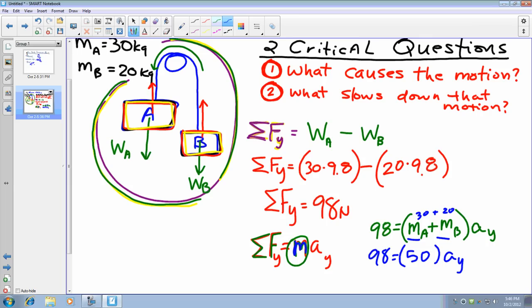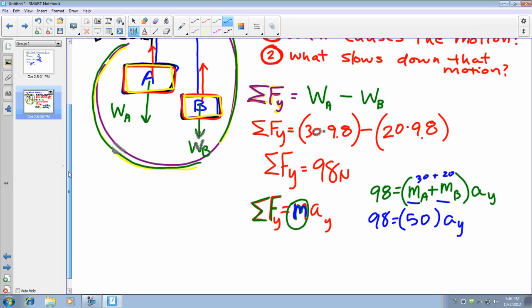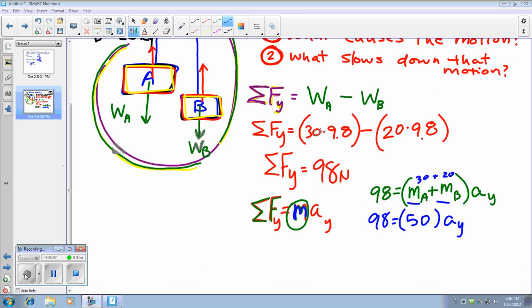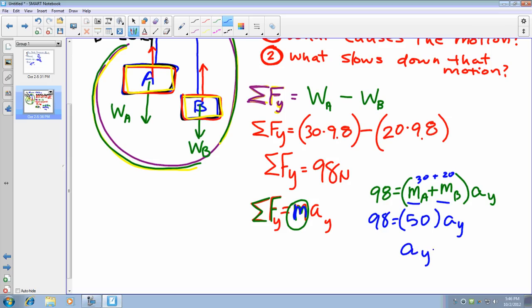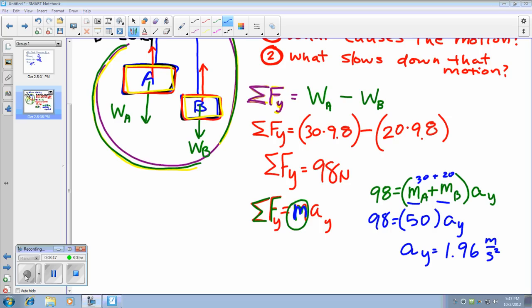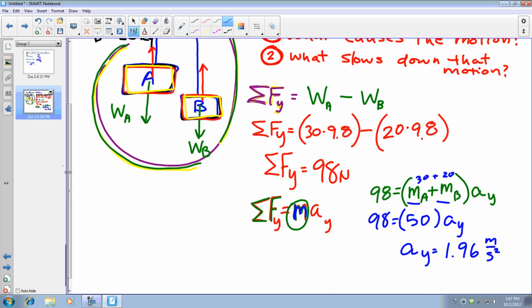Now let me scroll down just a tiny bit here. What we're going to see now is that our acceleration in the y direction is equal to 1.96 meters per second squared. So that allowed us to find the acceleration of the system as a whole above here.